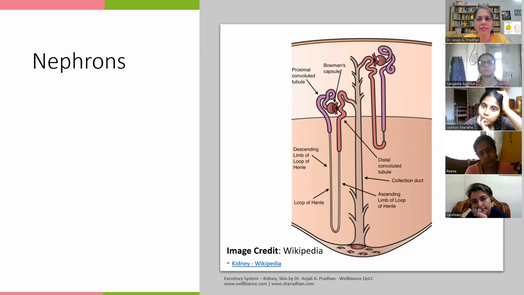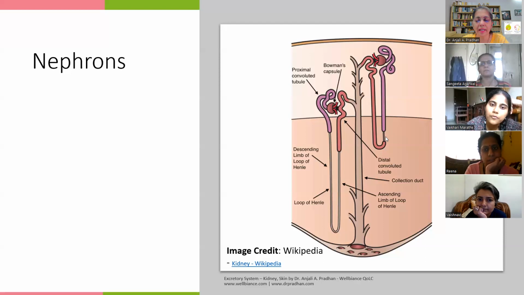This is called Bowman's capsule. It continues as tubule. This is called proximal convoluted tubule. Proximal क्योंकि वो नजदीक है, we say ना proximity, and convoluted क्यों? क्योंकि वो सीधा नहीं है, टेढ़ी मेढ़ी है ना. So proximal convoluted tubule and then continues down as loop of Henle.